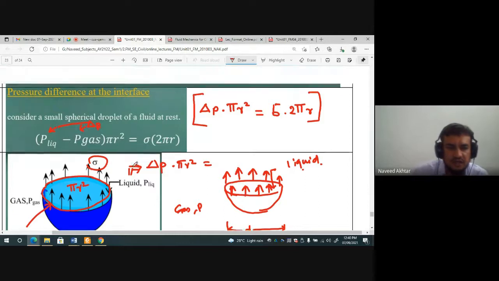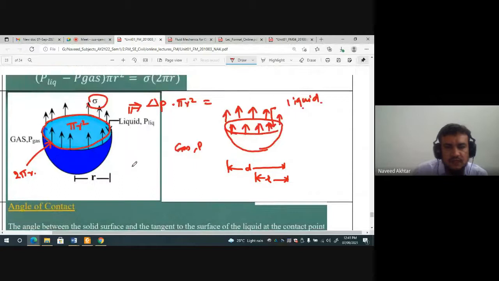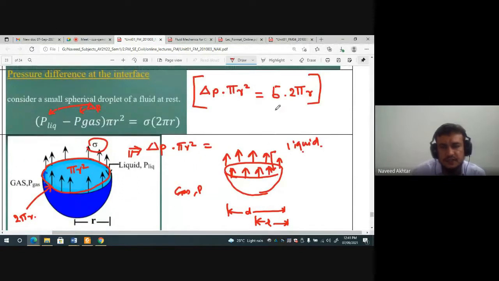You can understand. Sigma is nothing but your surface tension. Okay, so delta P pi r square is equal to sigma 2 pi r.